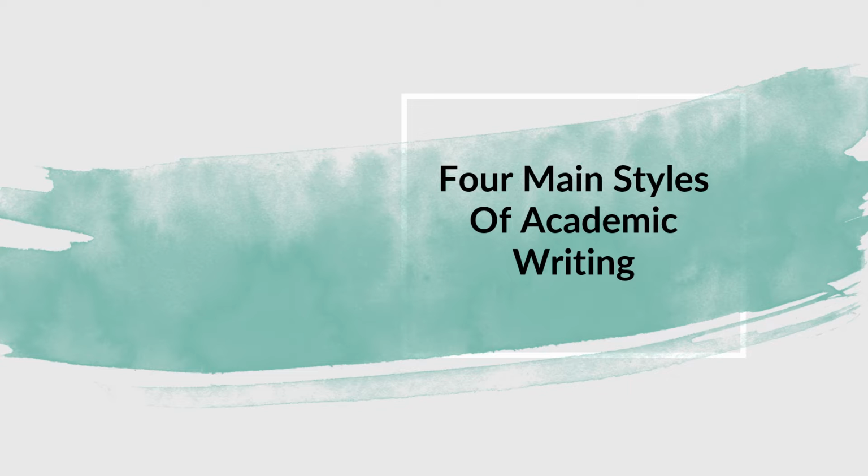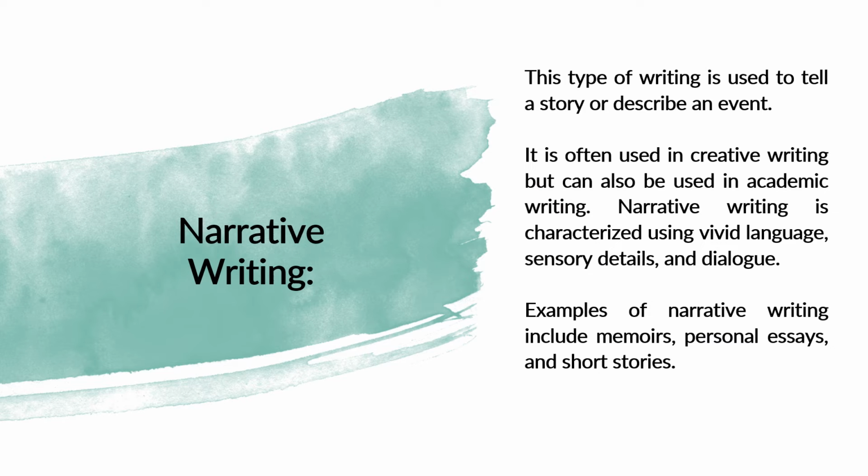I'll start the lesson by introducing to you the 4 main styles of academic writing. I will introduce to you the first writing, which is narrative writing. So this type of writing is used to tell a story or to describe an event.